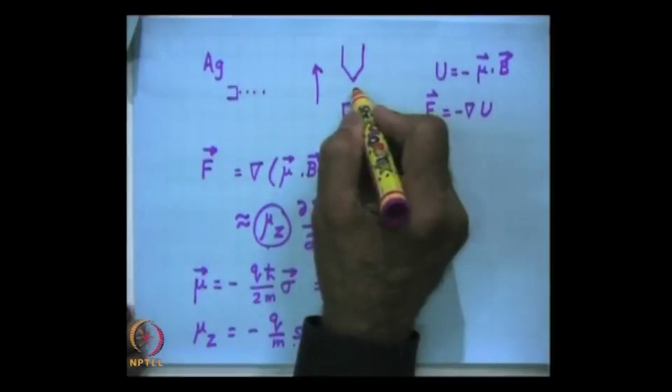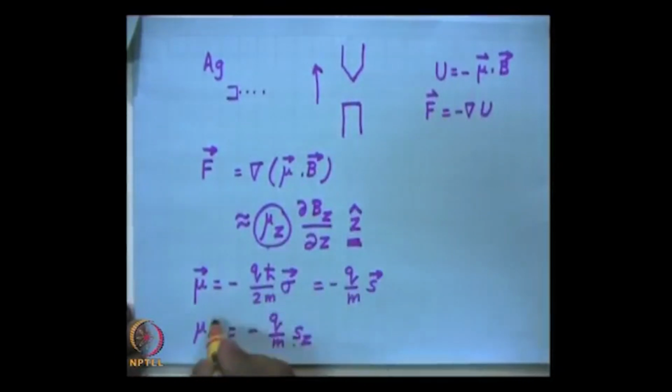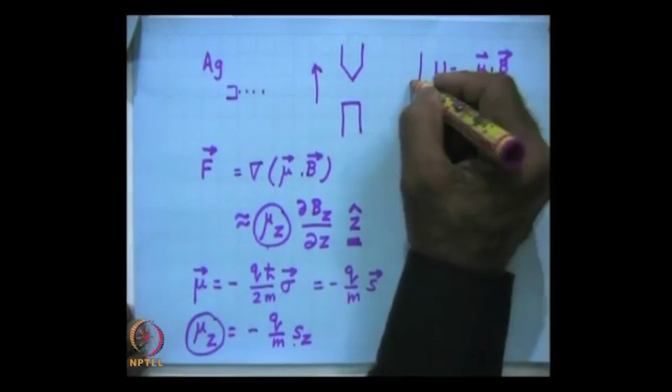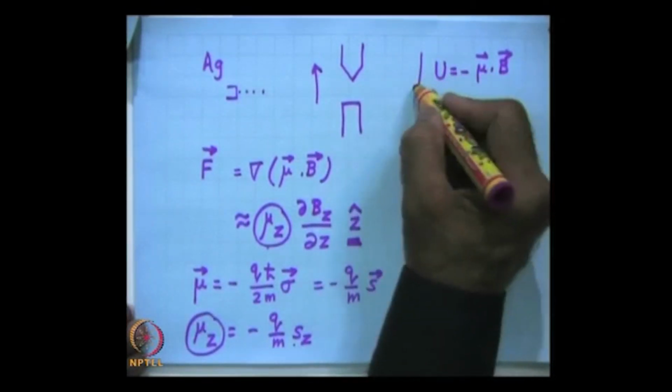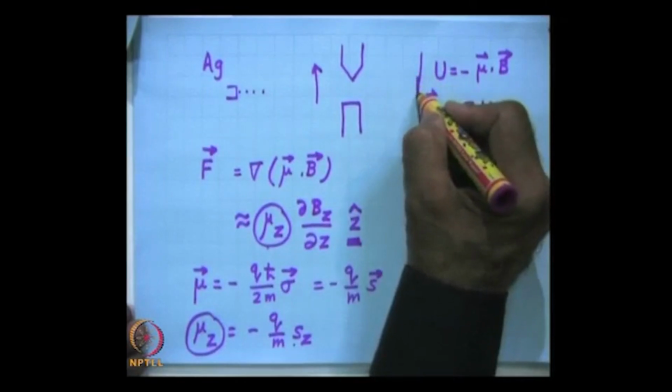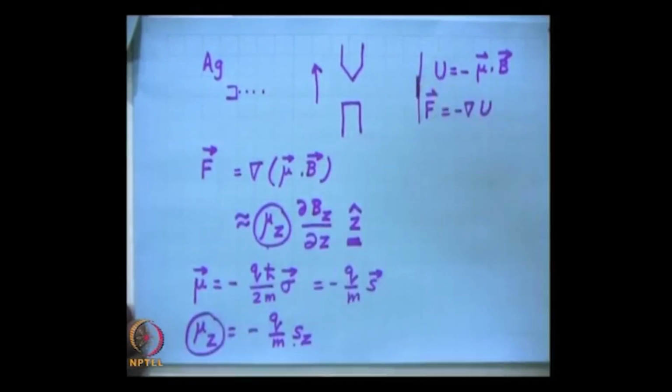So, therefore, the force acting on the silver atoms will be proportional to mu z, and on the screen the deflection, which will be proportional to the force, will have a continuous smear. But when the experiment was carried out by Stern and Gerlach, they obtained 2 spots.